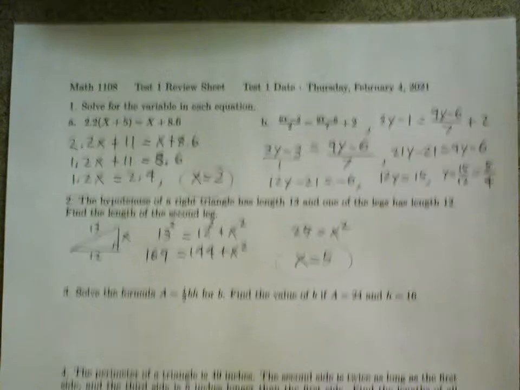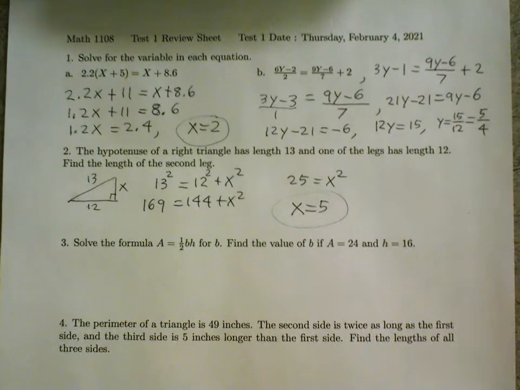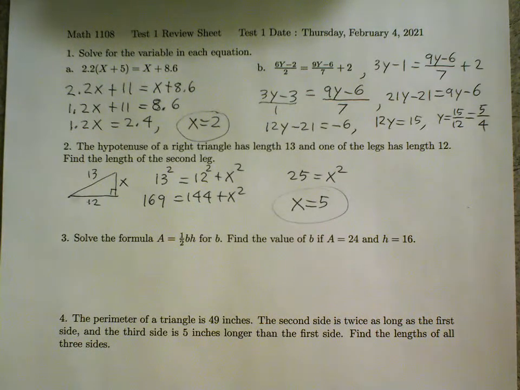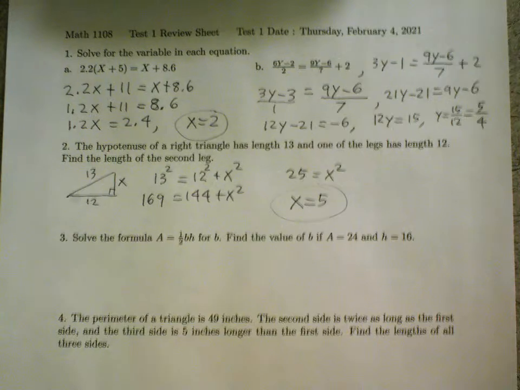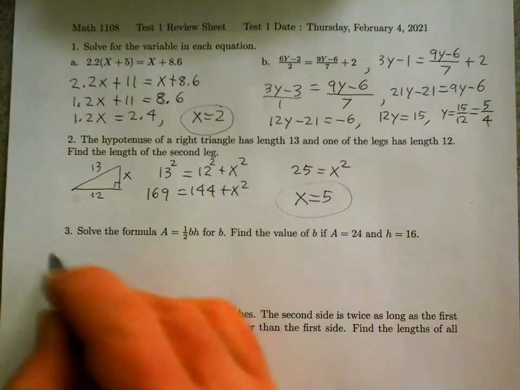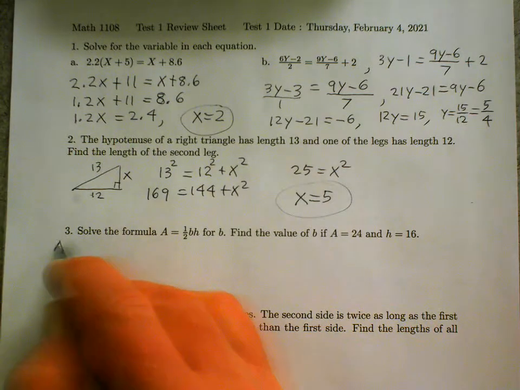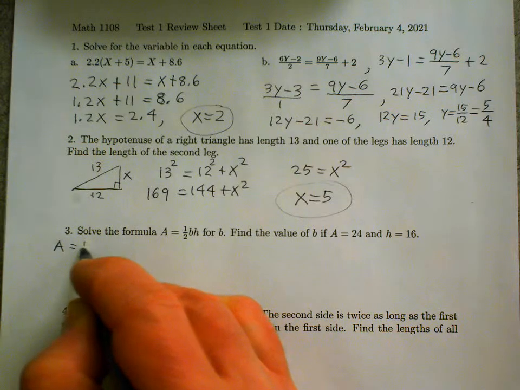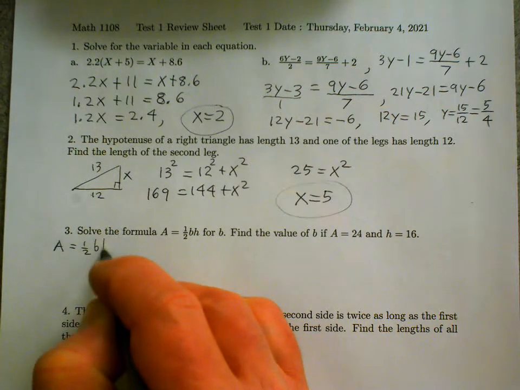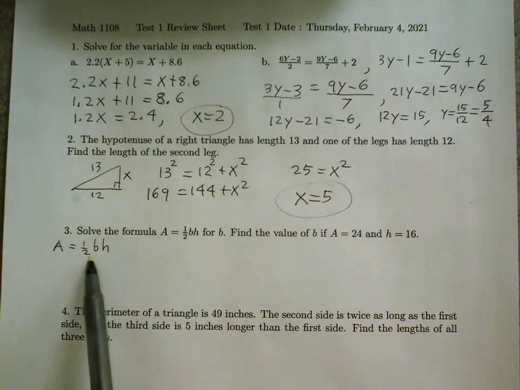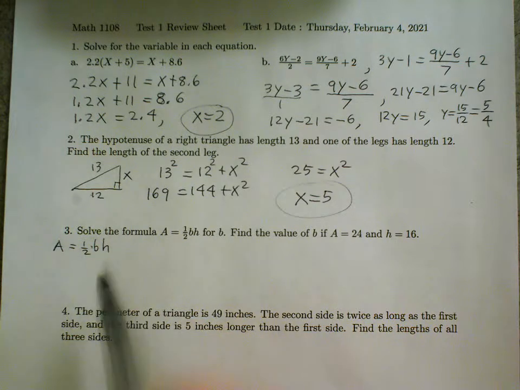And in problem 3, solve the formula A equals 1/2 b times h for b. So I'll rewrite that formula: A equals 1/2 times b times h. On the right-hand side, we have a coefficient of 1/2.